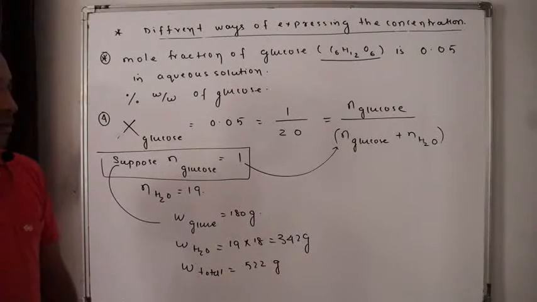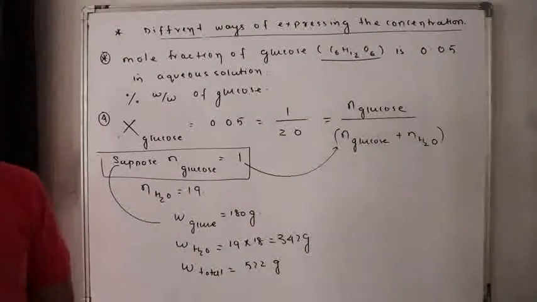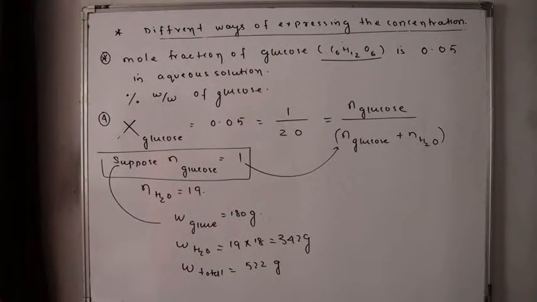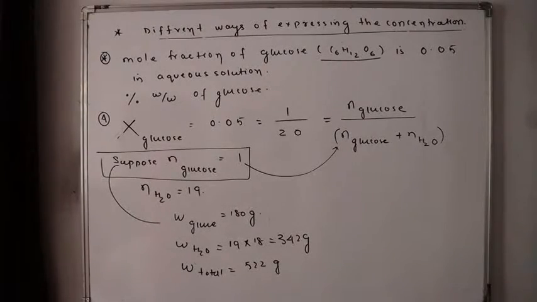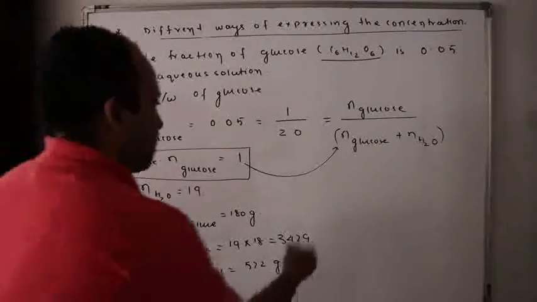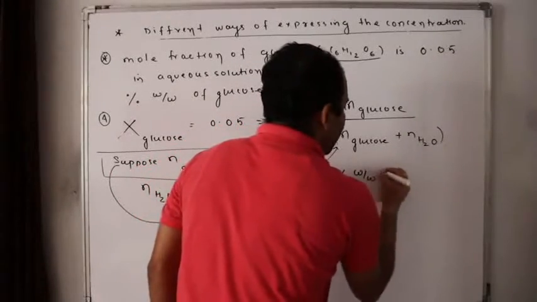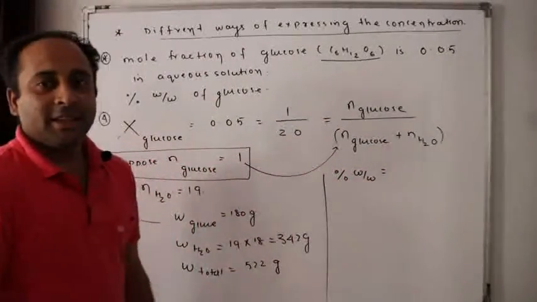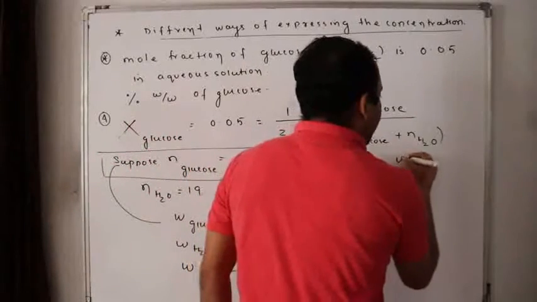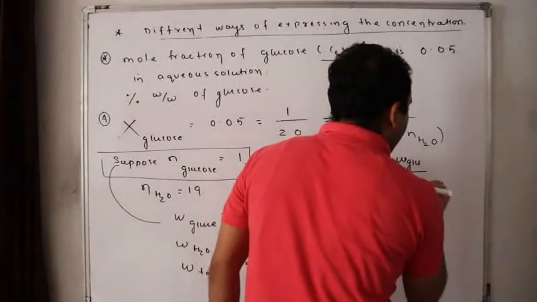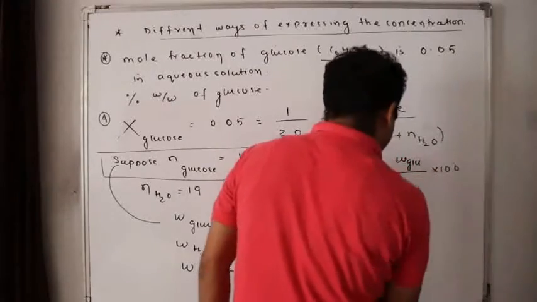Easy? Any doubt? Can you solve it now? So what will be the answer in this case? Percentage weight by weight is equal to the weight of glucose by the weight of solution into 100.